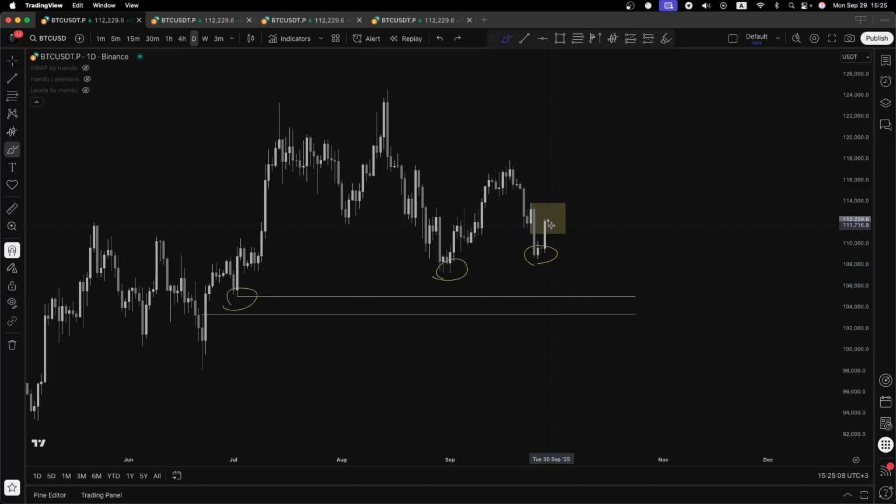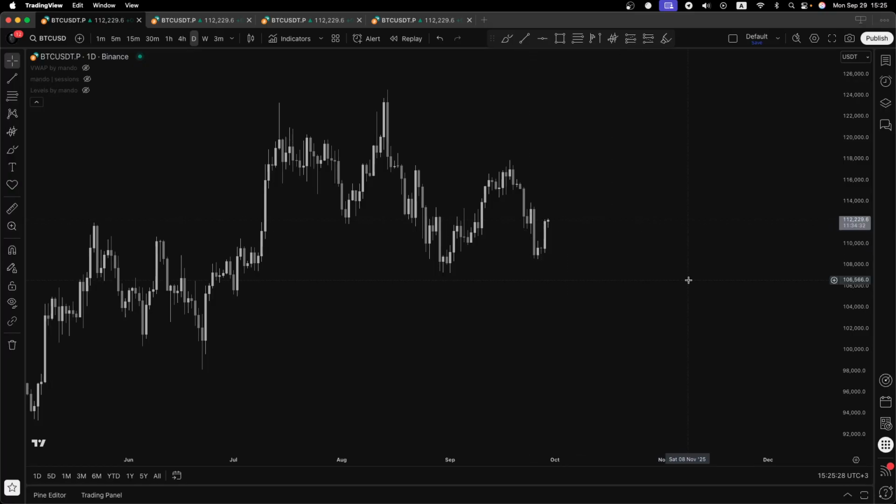Once we flip this resistance, it is safer to say that we're going for 120k, these highs actually. So these are the two main scenarios. Basically 112k remains our do or die level, flip and we go 120, reject and we go 14.